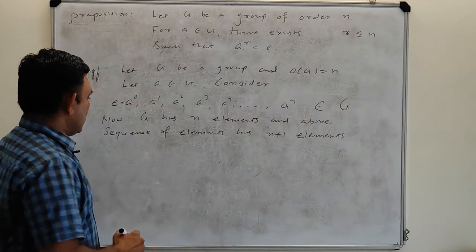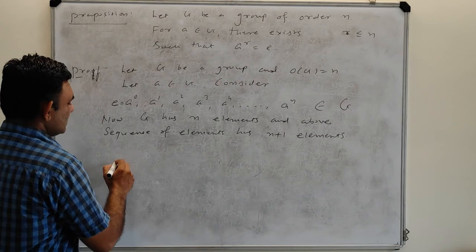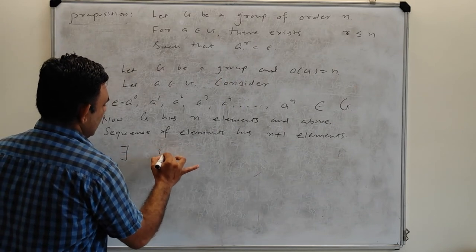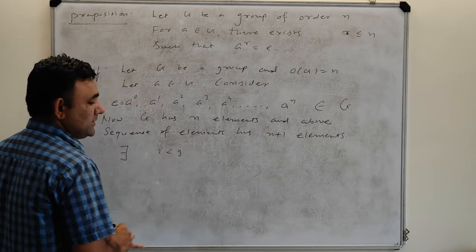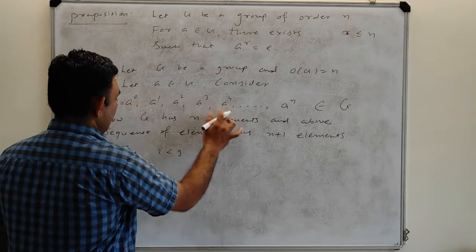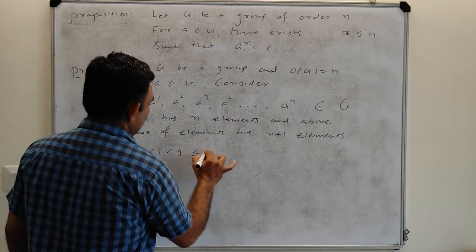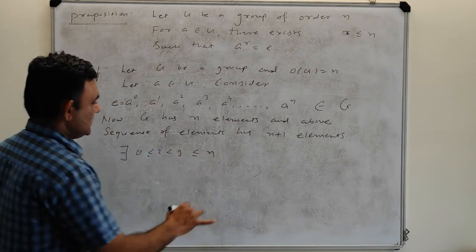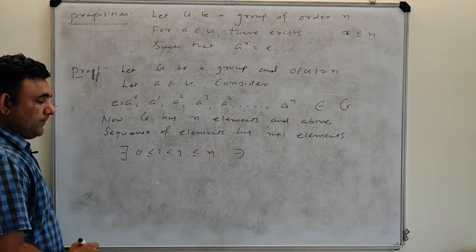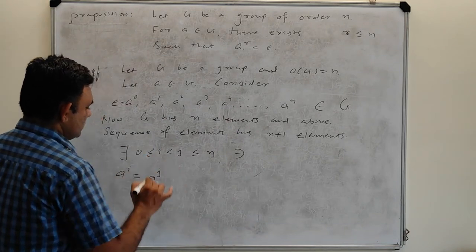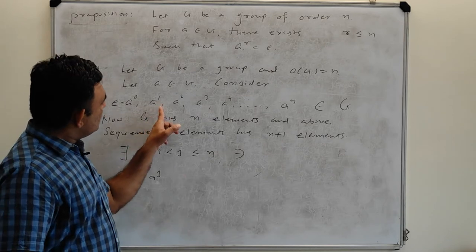So this means what? Therefore there exist some i and j, let me say i less than j, two distinct elements from 0 to n, such that a raised to i is equal to a raised to j for some powers.